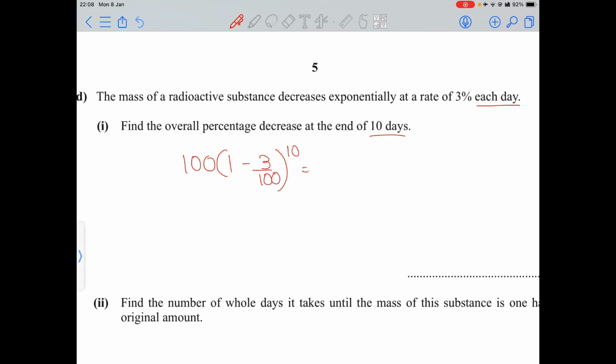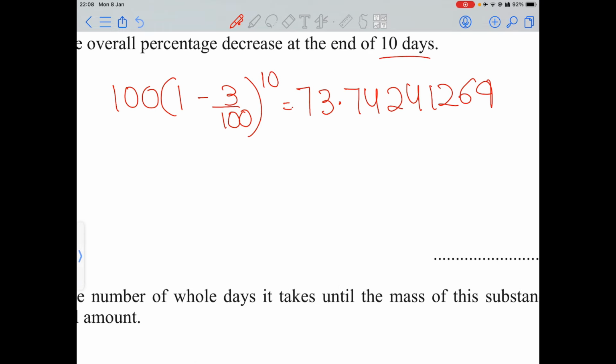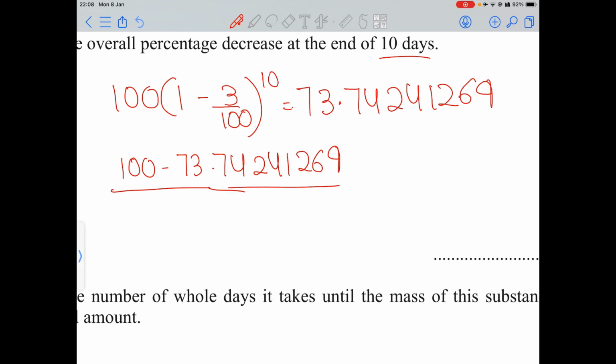100 into 1 minus 3 over 100 raised to 10 basically gives me the amount of 73.74241269. This is the amount left, and you want to find the percentage decrease. Percentage decrease is the original amount minus 73.74241269, over the original amount, into 100.